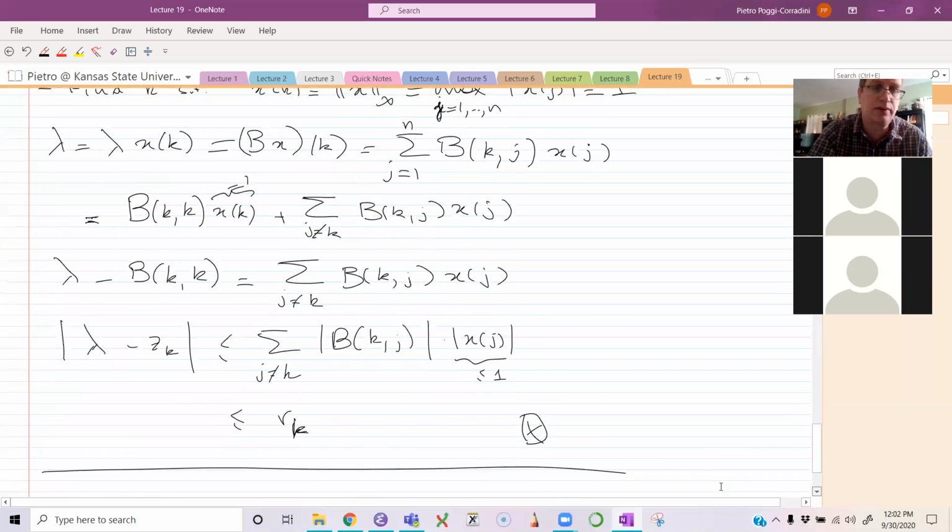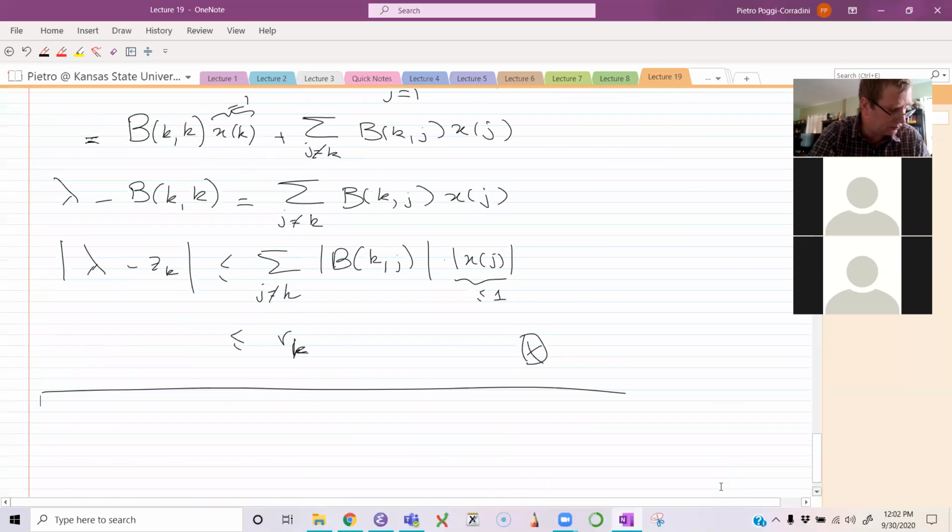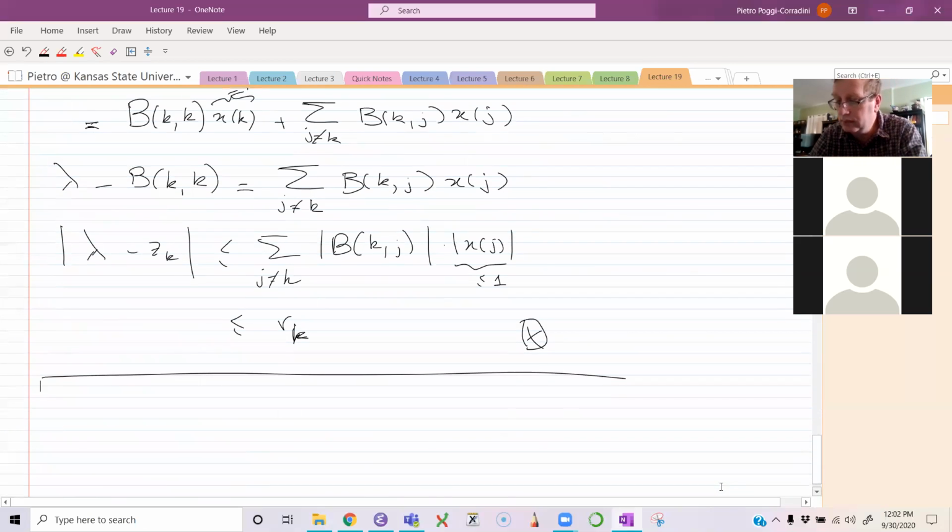All right, so now let's prove the claim. So the claim is that A tilde is positive definite. But remember, A tilde and A have the same eigenvalues.